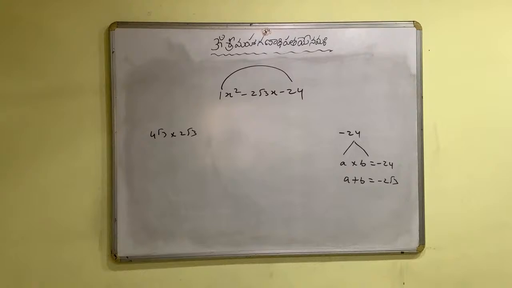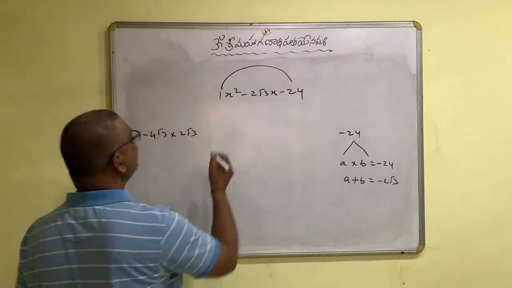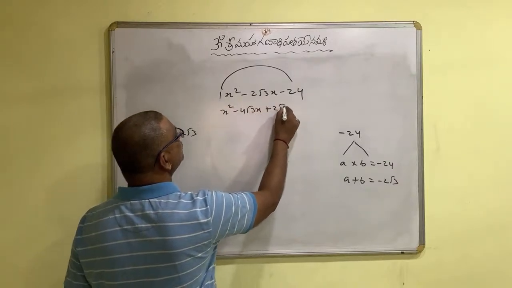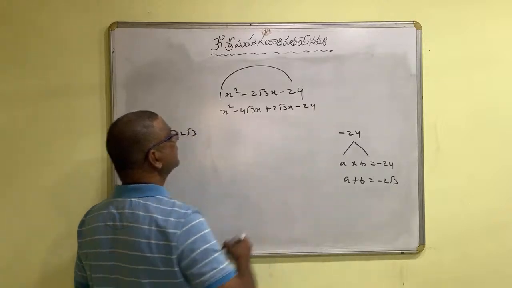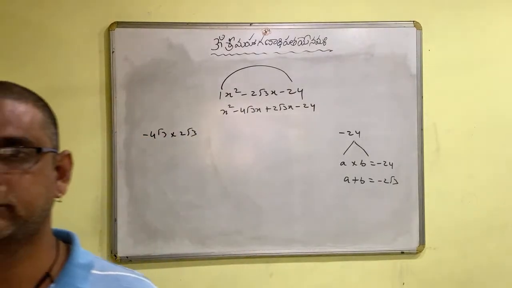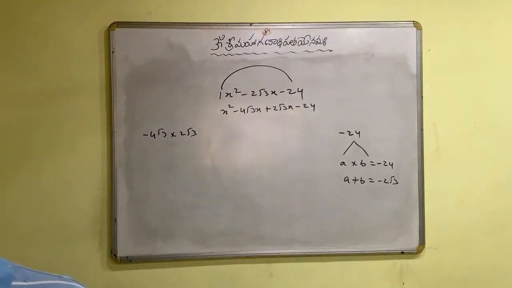Okay. But here we need to consider minus 4 root 3 plus 2 root 3, minus 24. Minus 4 root 3 plus 2 root 3.